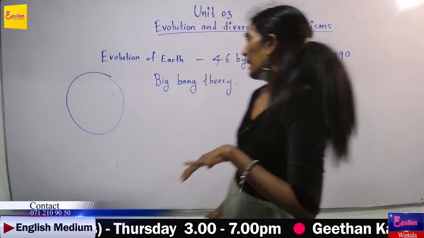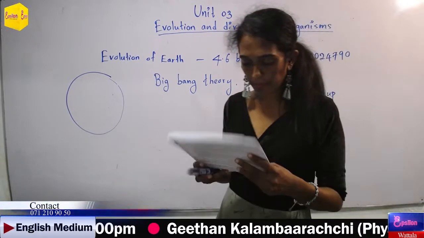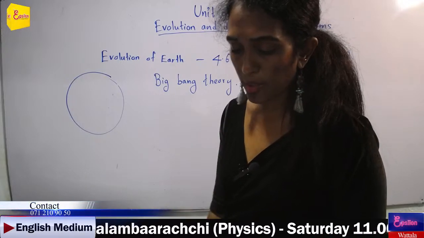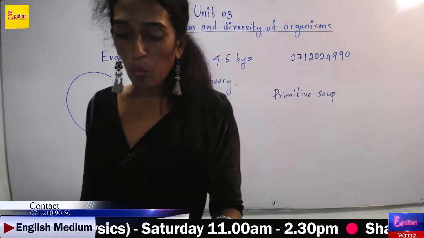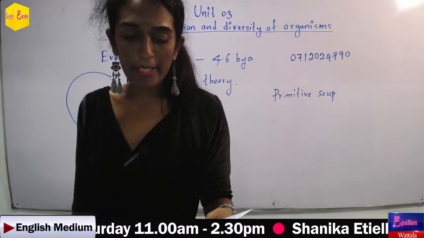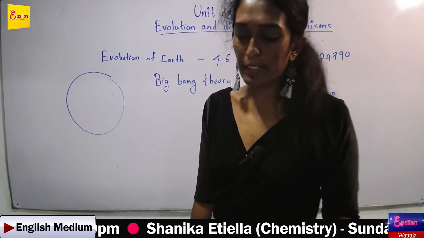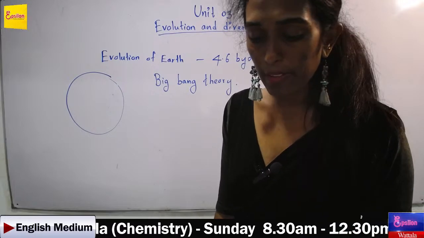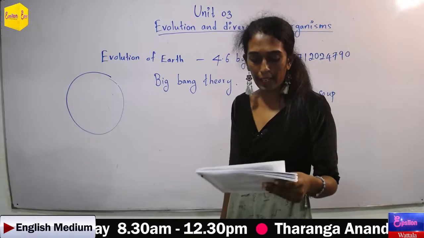Understood? Alright. So it says this. Later, Earth cooled down and the water vapor condensed into the ocean. Much of the hydrogen escaped into space. Volcanic eruptions, lightning, extreme UV radiation, hydrothermal vents, and alkaline vents, along with the Earth's reducing atmosphere, favored the synthesis of organic molecules essential for the origin of life.